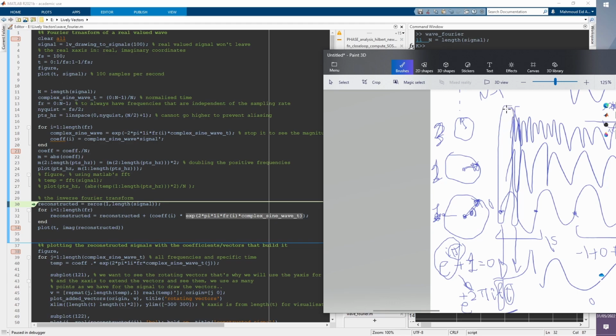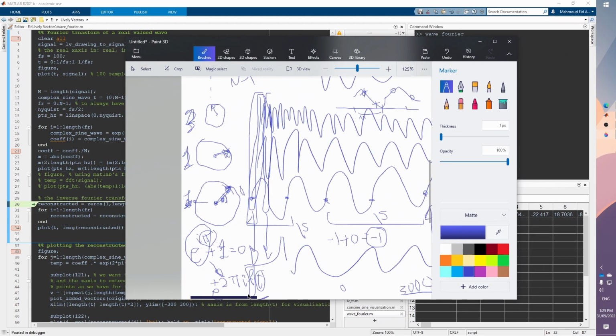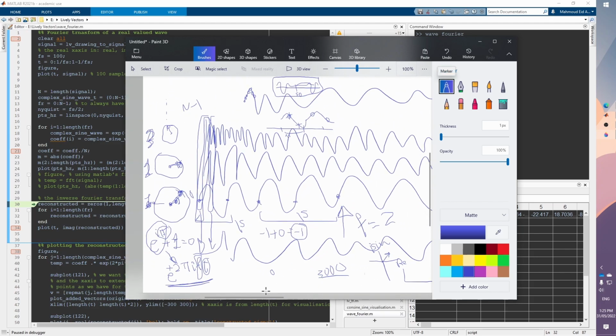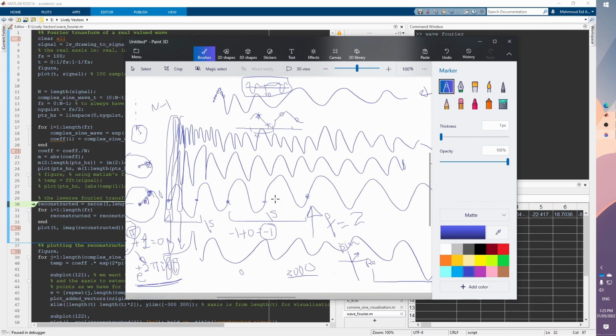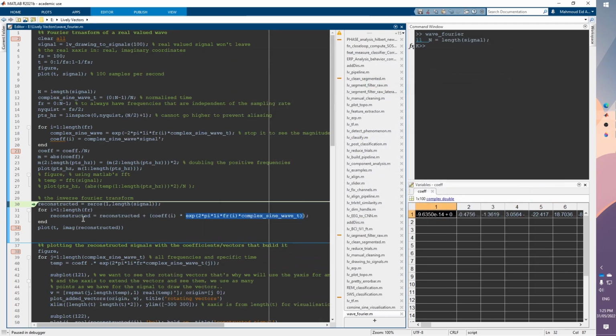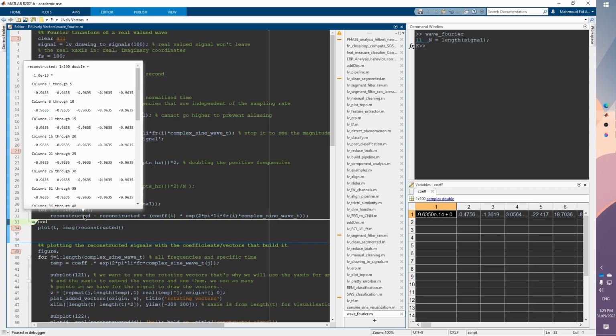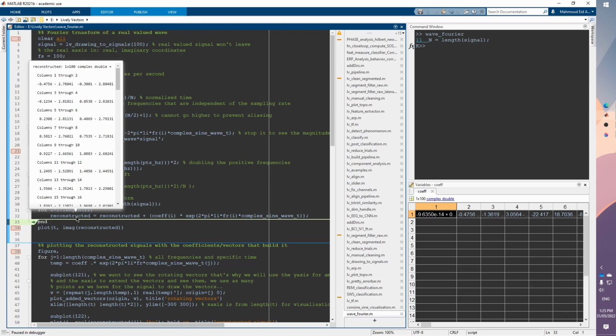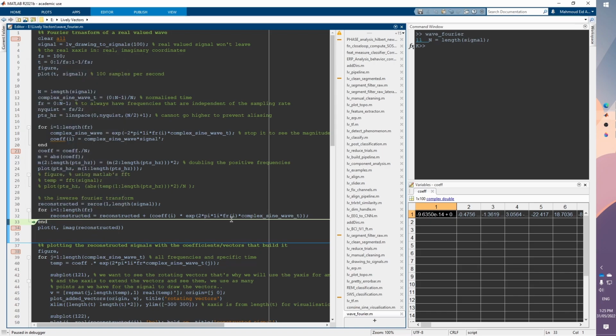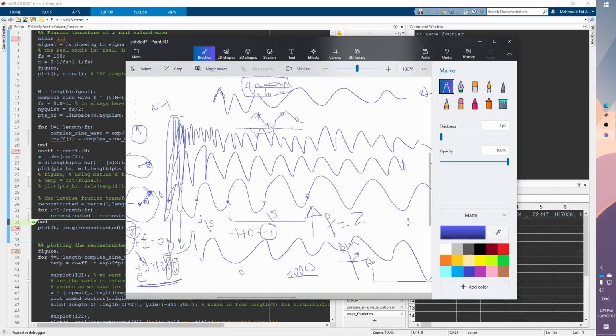For each frequency we rotate the vector, creating the whole signal for a particular frequency, and then we need to add all of these together to reconstruct our signal. We take the first one, then add it to the second frequency, and so on. We loop over the frequencies and add all of the signals together.